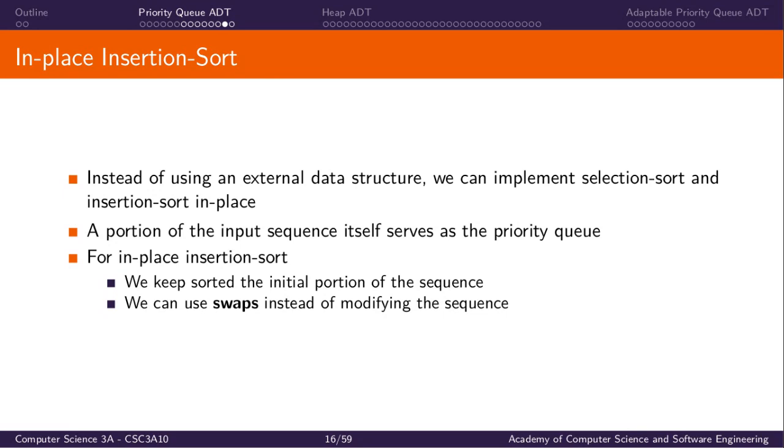That means that at the end, we end up with the priority queue being the sequence that is already sorted, but we're looking at a larger and larger part of it until the end there. Now we'd have to do swaps instead of emptying the sequence out into the priority queue, then putting it back into the sequence.